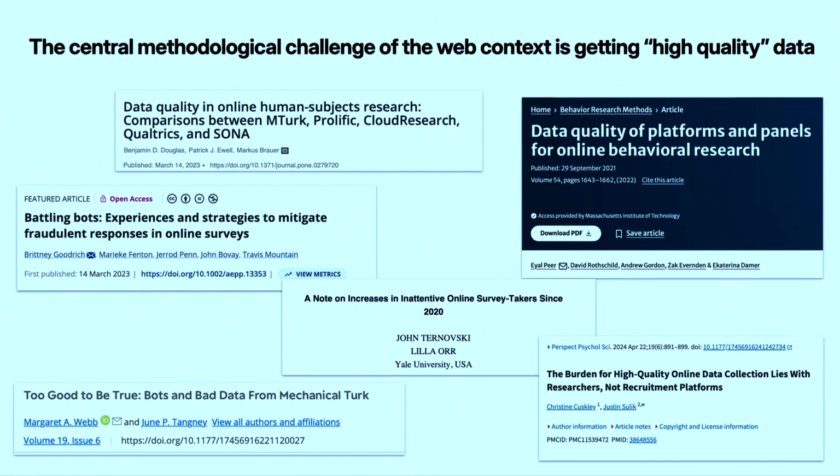In short, this has been a problem since the advent of these platforms that people have noticed. Here I'm just showing a handful of recent papers characterizing this issue. There's ongoing controversy on how bad things really are on platforms like Mechanical Turk and Prolific, but basically anyone you would ask would agree that there is a problem, and it's more pronounced than in the traditional in-lab testing context.